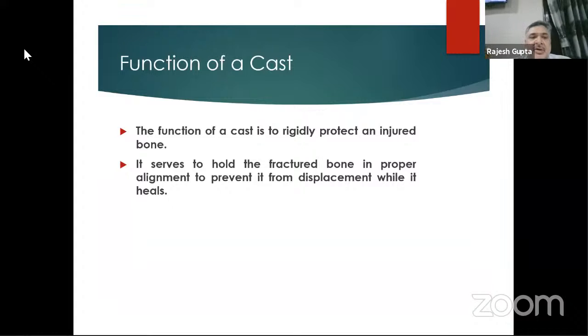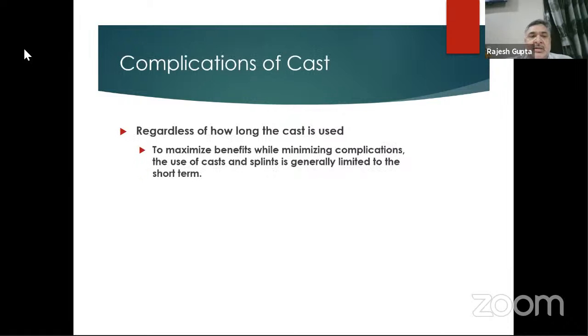Now we all know that the function of the cast is to rigidly protect an injured limb, and it serves to hold the fractured bone in proper alignment to prevent it from displacement while it heals. So regardless of how long the cast is used, to maximize benefits while minimizing complications, the use of casts and splints is generally limited to the short term.